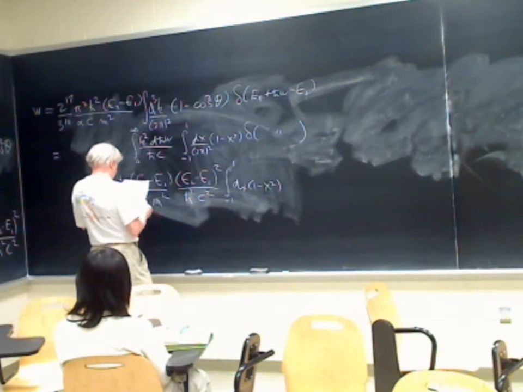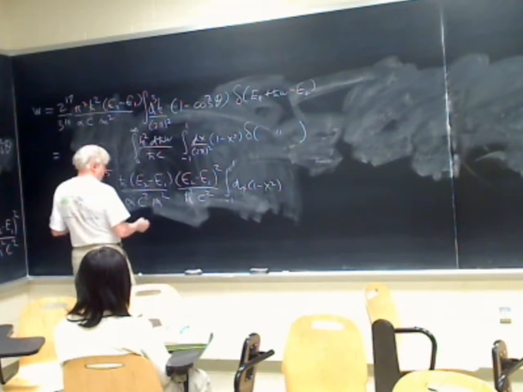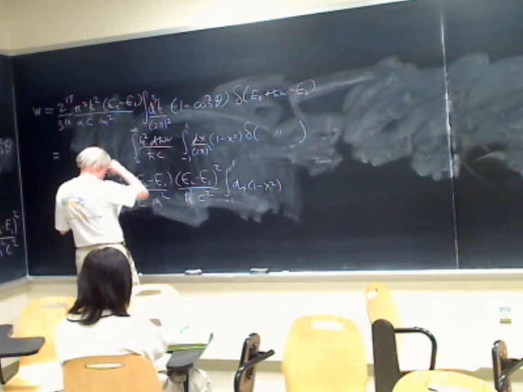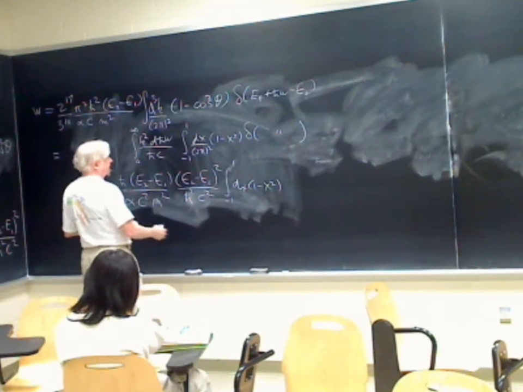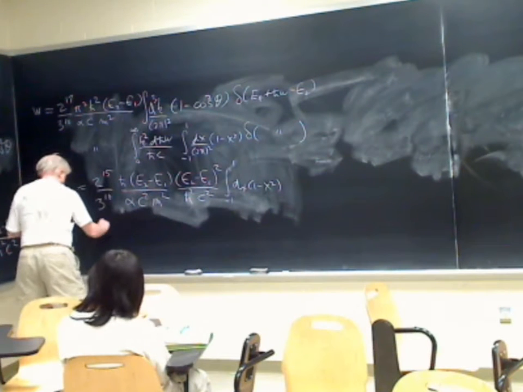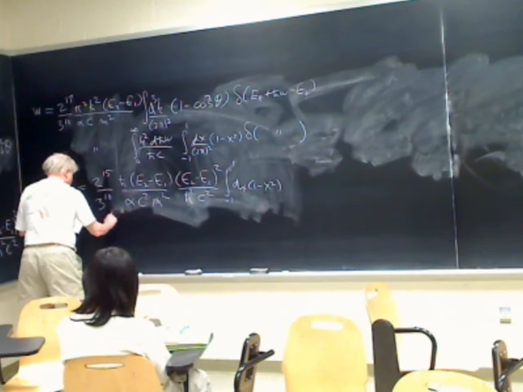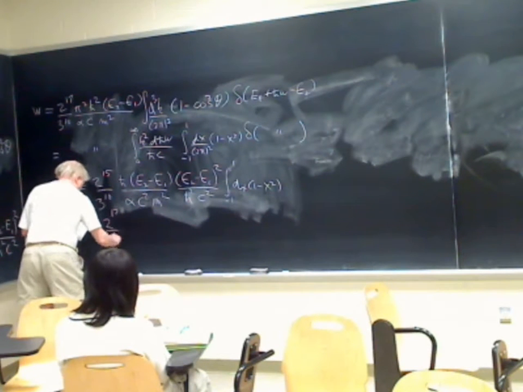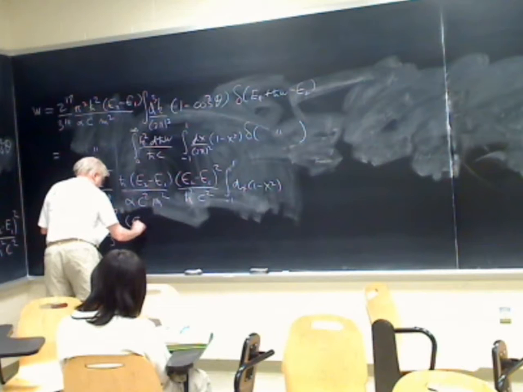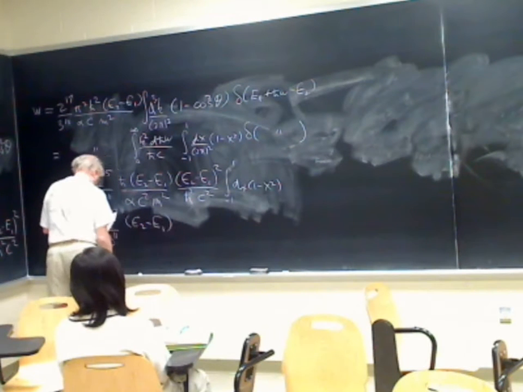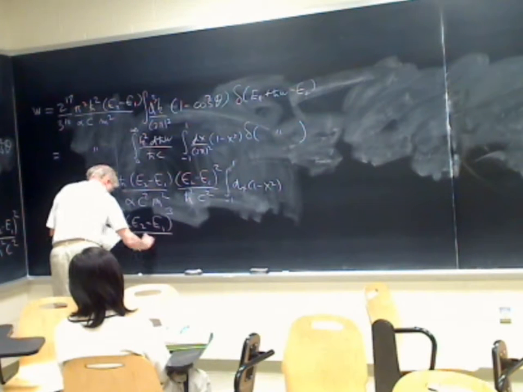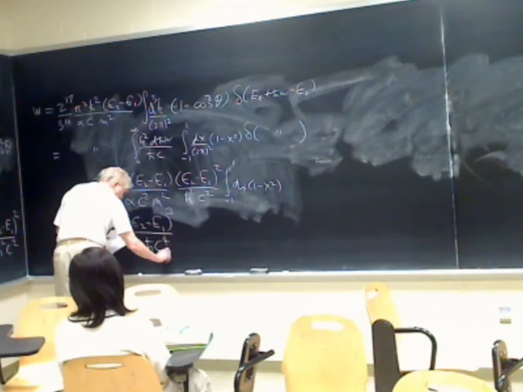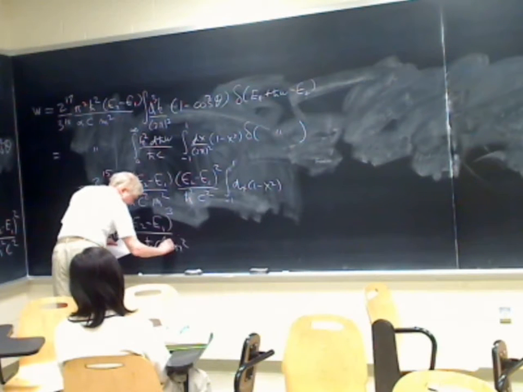So what we finally get, let me just write it this way, we wind up with 2 to the 17th over 3 to the 11th, E2 minus E1, that's from the 4/3, cubed over alpha h bar c to the 4 n squared.